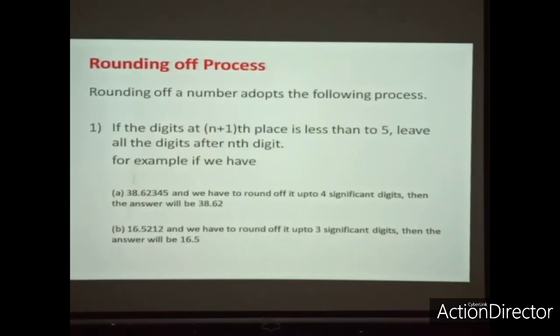Rounding off process. In rounding off, a number adopts the following processes. What is that? If the digit at the nth plus 1th place is less than 5, like for example you can see in the first example, 38.62345 is the exact value, and we have to approximate this up to 4 significant digits. 4 significant digits means we are just requiring the 4 digits for some operation, so this is called the significant digits.